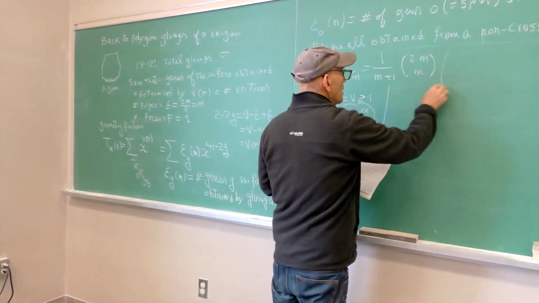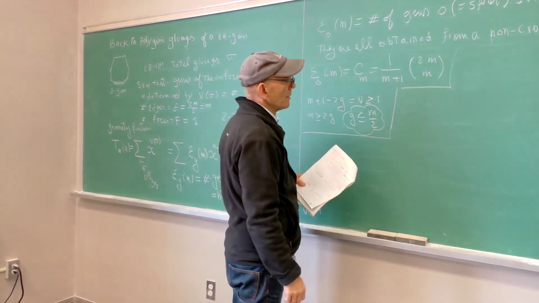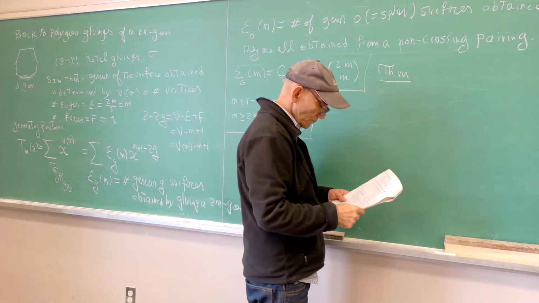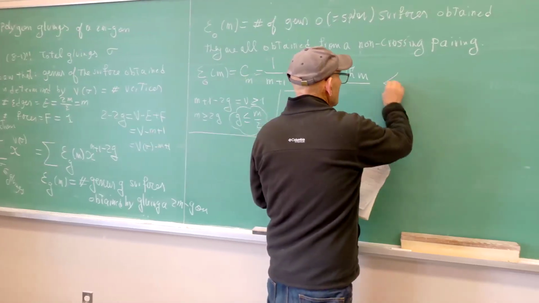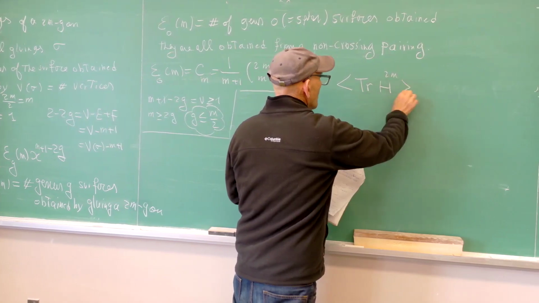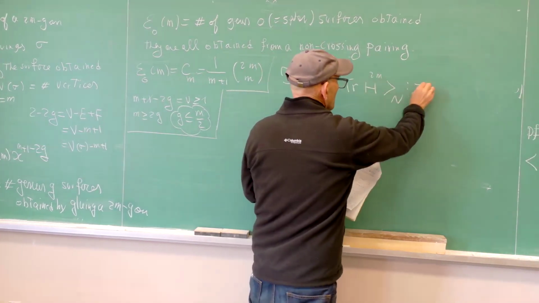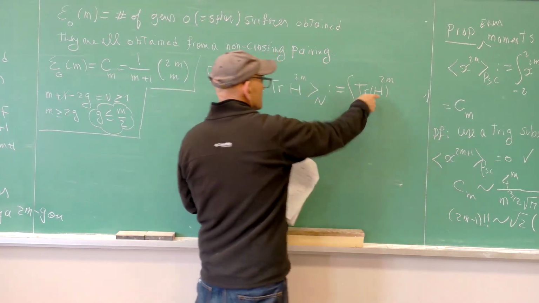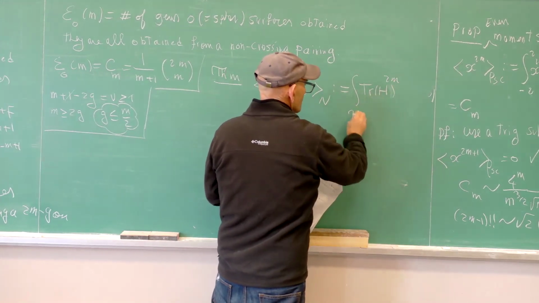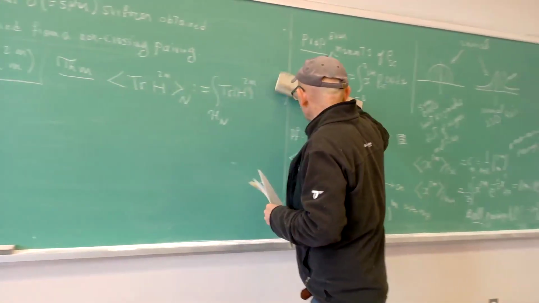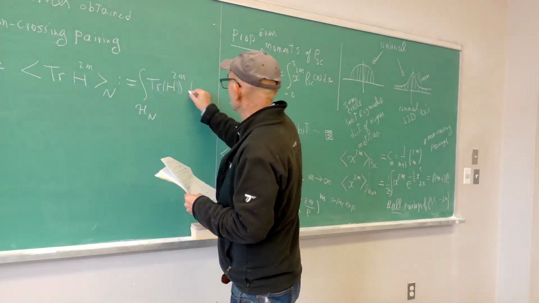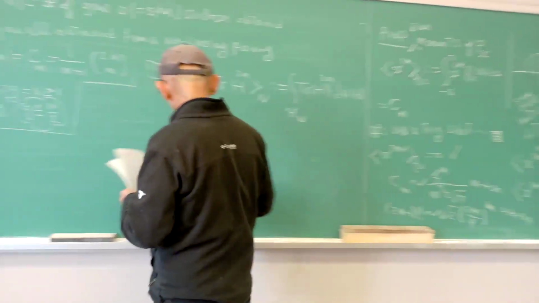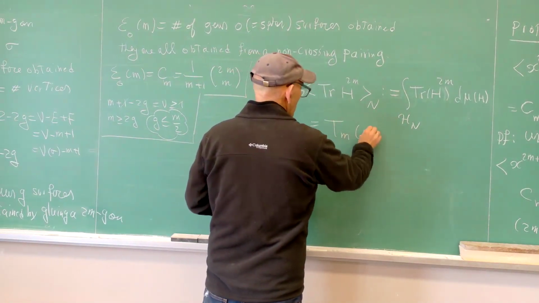So the theorem is the following. The expectation value of the trace of H to the n, which by definition is equal to the integral of the trace of H to the n, a function on the space of Hermitian matrices, d mu of H, is equal to d m n.